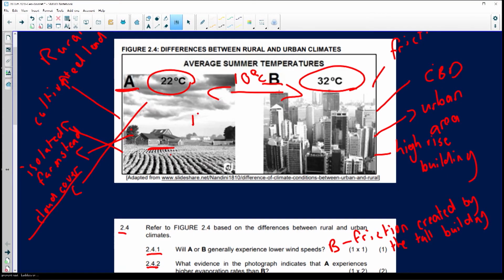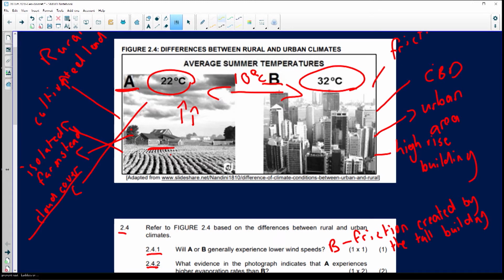When the surface warms up, evaporation takes place, the water vapor content rises, it cools, and we get the formation of clouds. So definitely we're going to experience more evaporation in our rural areas. You can see the cloud cover, so there's more evaporation taking place.